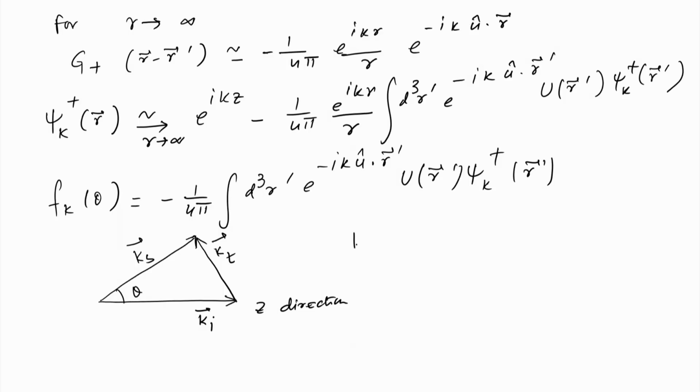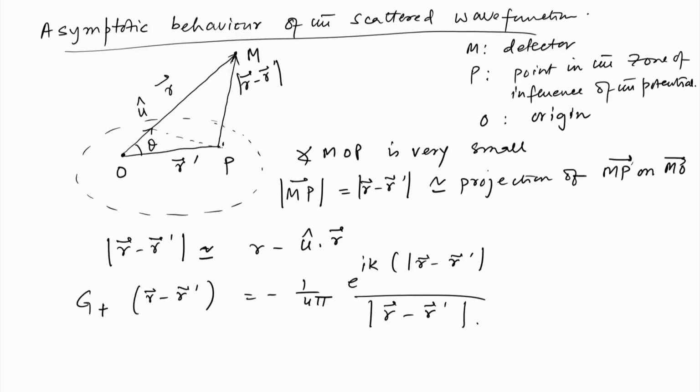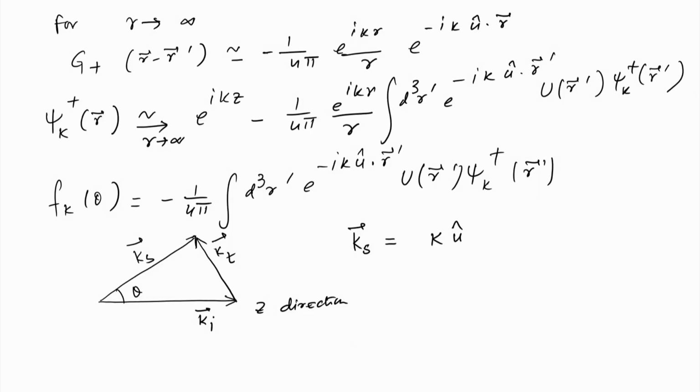Then k s is actually k u cap, because we have shown that the u cap is in the direction of the detector. So, it is k u cap, and of course, the magnitude of k i is the same as k s, which is equal to k because of the elastic scattering.